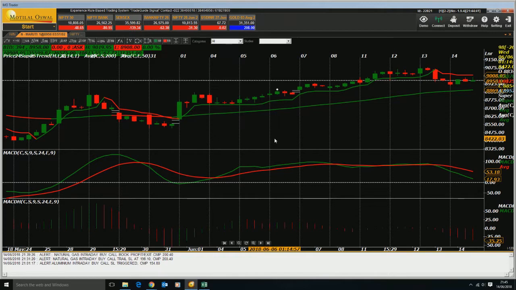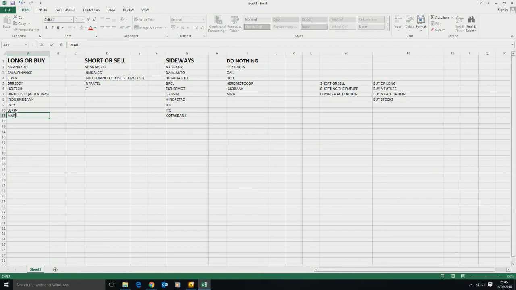So until and unless, Maruti, it's a long, but only if it closes above 9030, right? So I can put it here, Maruti above 9030. Before that, I don't do anything.